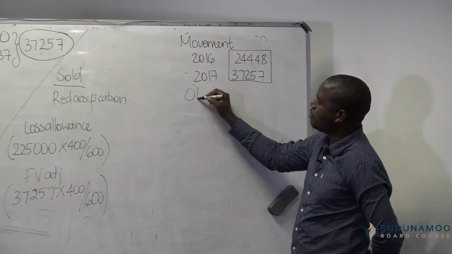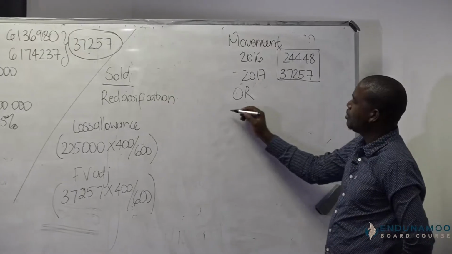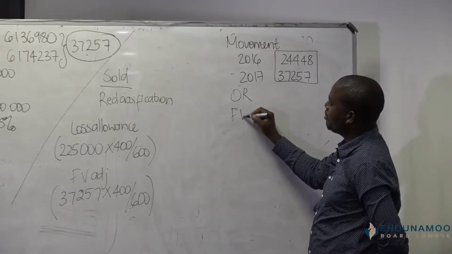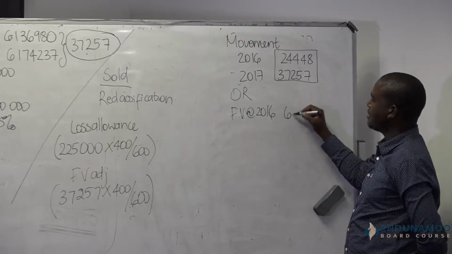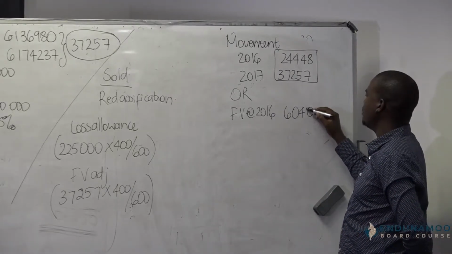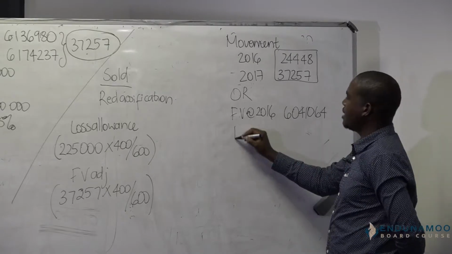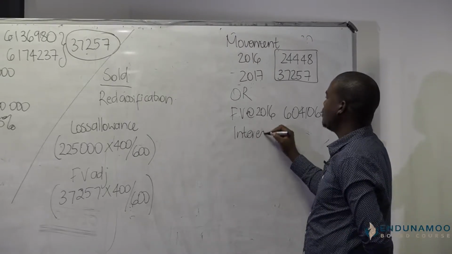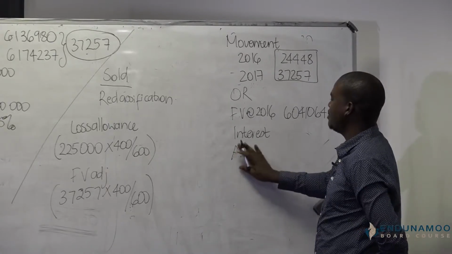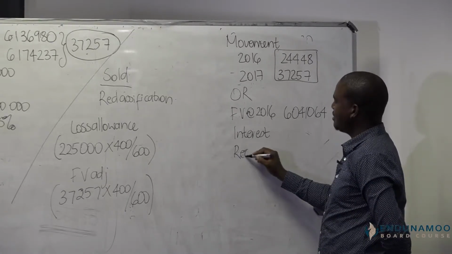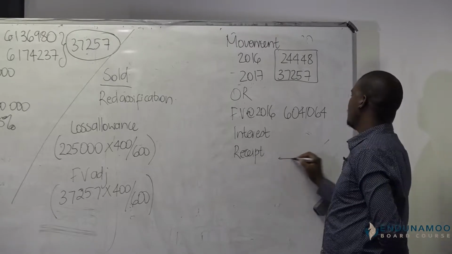Which will be how much? What will be the movement when you add these two? Or you'll say fair value at 2016, which is 6041064, plus the interest income, minus the accrued receipt, which is how much?